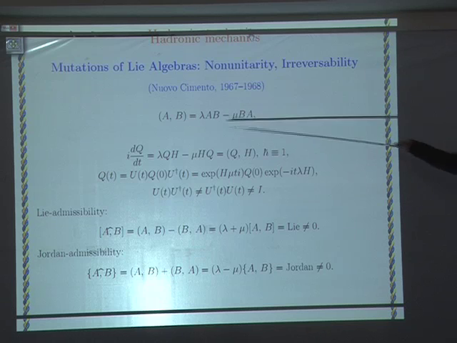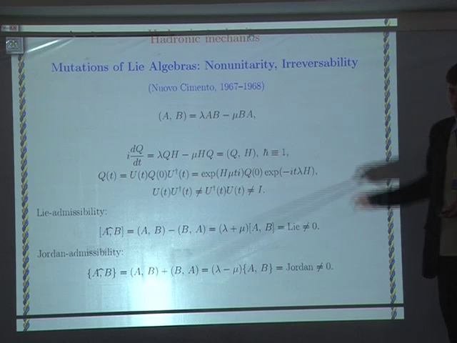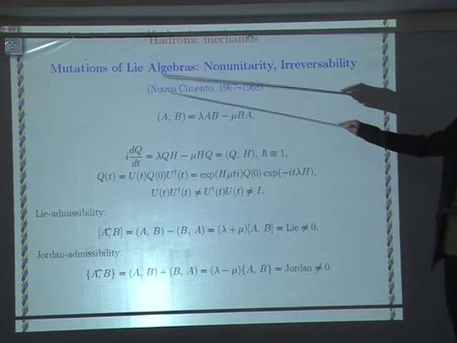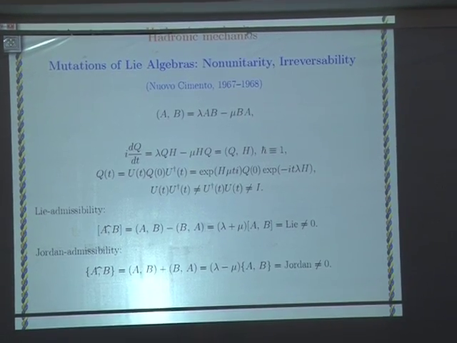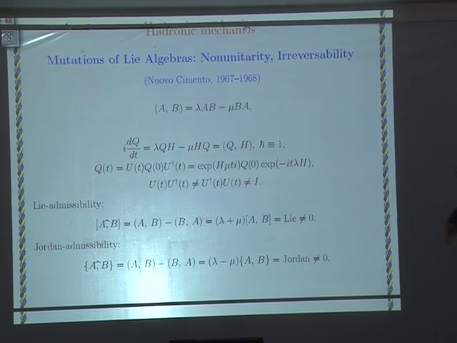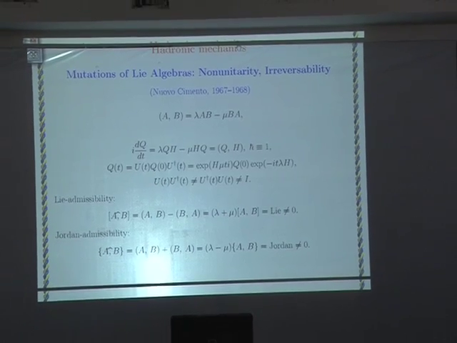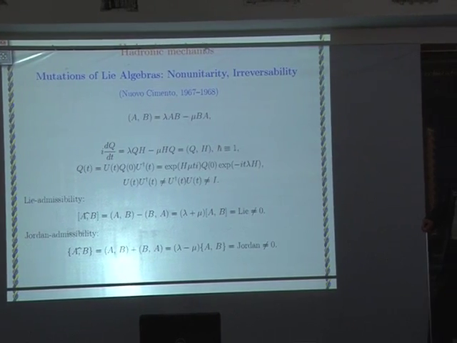First, these brackets were generalized to more general brackets, and this transformation was called mutations of Lie algebras. And mutations of Lie algebras is the more general form of the well-known deformations of Lie algebras.